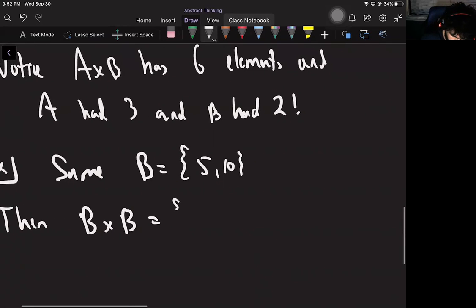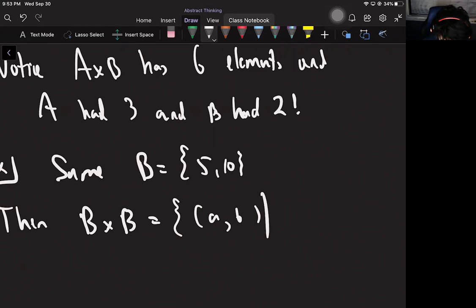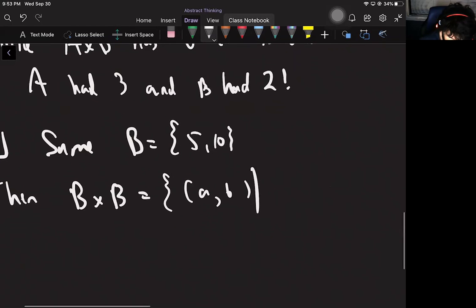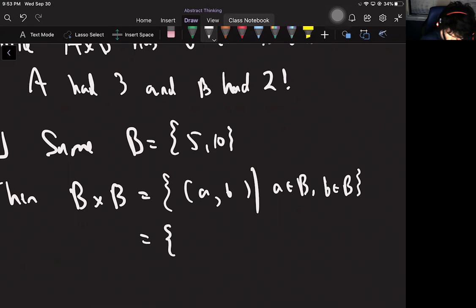So now each ordered pair has, first I'll write the general definition. Each ordered pair has coordinates which come from the same set. So as I let little a and little b, maybe I'll use different letters. I don't have to say little every time, so I'll just call it x and y instead.